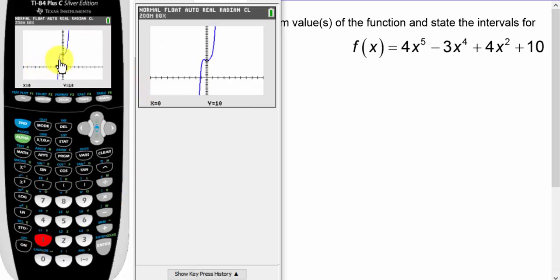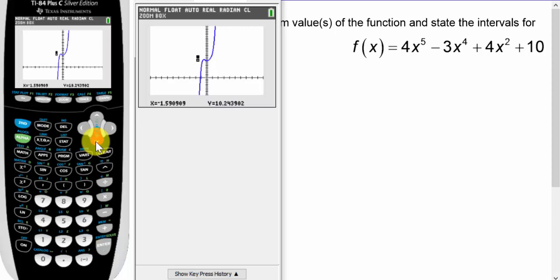Now you'll notice that I've got this thing pointed right in the middle here. If I move it, you will see, hopefully, on your calculator, if not mine, this thing actually blinks. What I want to do is put this little cursor guy up and to the left of my relative maximum. And then I'm going to hit enter. So next, you see that guy's blinking right now.